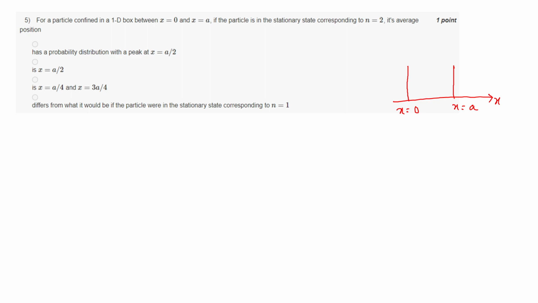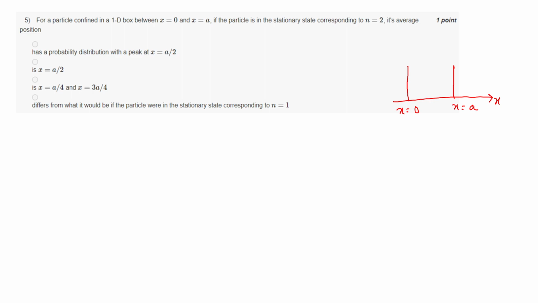And whenever average x comes out to be a by 2, there is no n term. Since there is no n term, whether n equals 1, 2, or 3, the average position is the same. The particle's average position is the same.